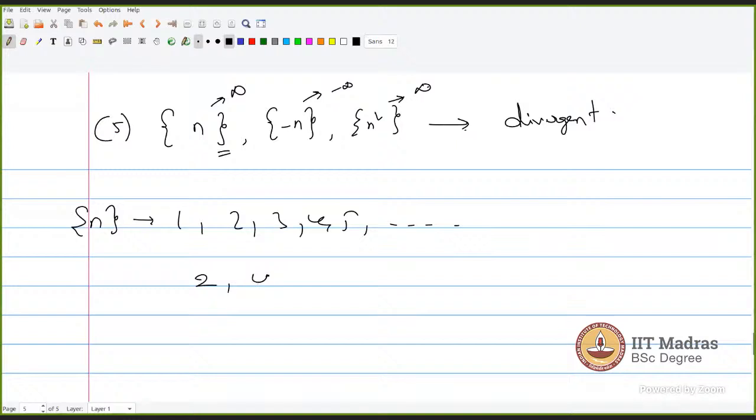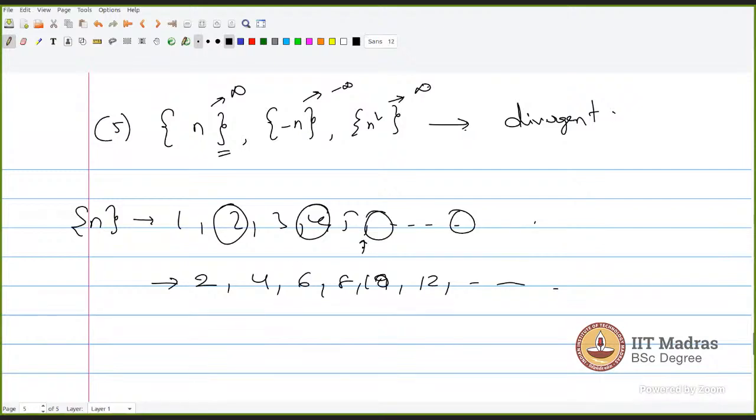If I consider the sequence 2, 4, 6, 8, 10, 12 and so on, only the even numbers, this is a subsequence. I am taking the even-placed numbers and creating a new sequence from the original sequence. And this sequence is 2n. I got it. So subsequences are subsets of some sequence.